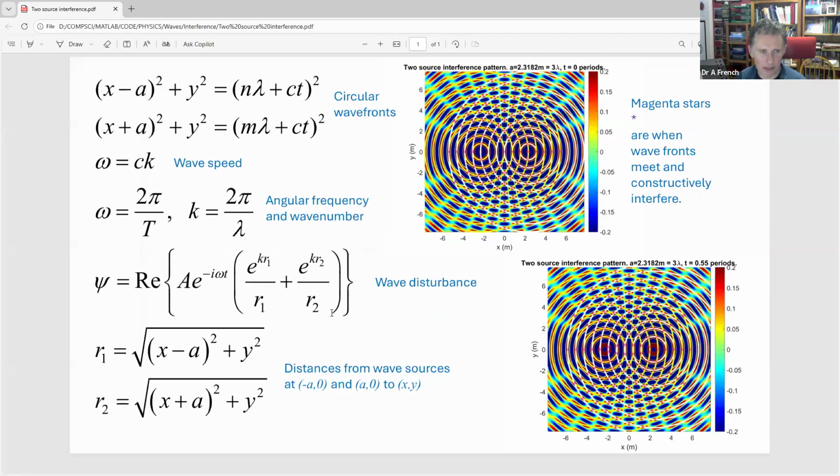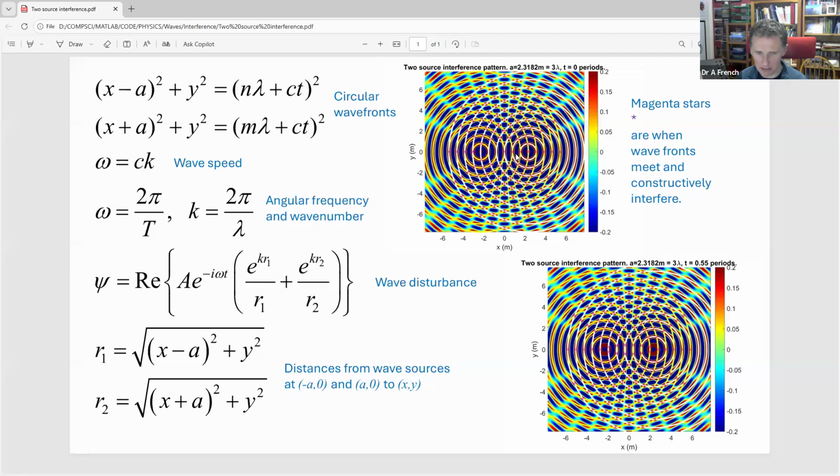This is what's happening. Think about the Cartesian equation of a circle: (x minus a) all squared plus y squared, like using Pythagoras. That's the wavefronts from this one here, the white ones. And (x plus a) all squared plus y squared is the other one. Now, what do they equal? What's the radius? It's a whole number of wavelengths plus the distance it travels in t seconds if it's going at speed c.